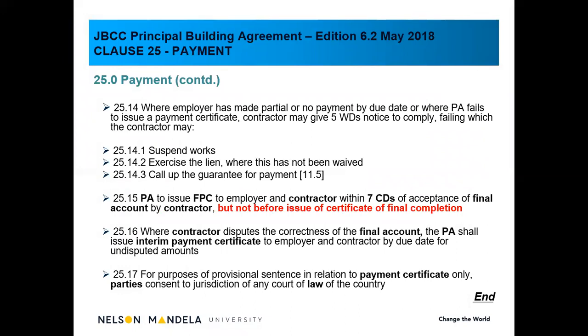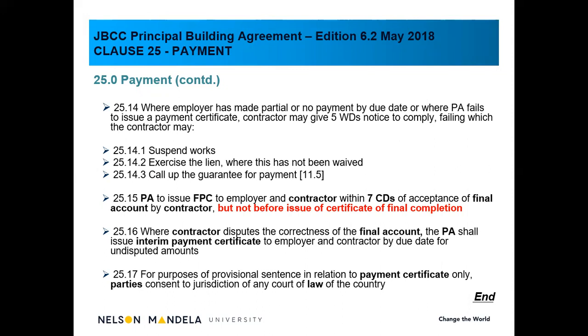25.14, where the employer has made a partial or no payment by due date, or where the principal agent fails to issue a certificate, the contractor may give 5 working days notice to comply, failing which the contractor may... In other words, the contractor doesn't have to continue work if he doesn't get paid. So in this case, the contractor can do the following. He can suspend the work, exercise his lien.